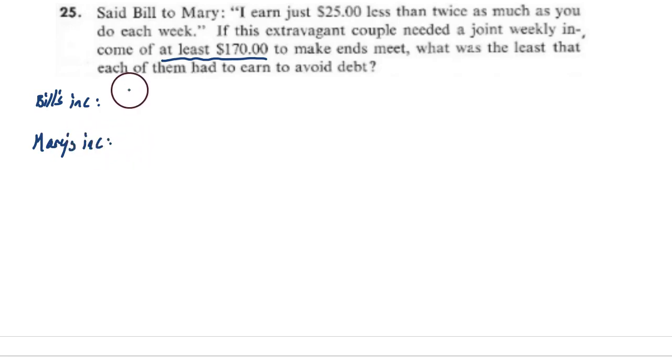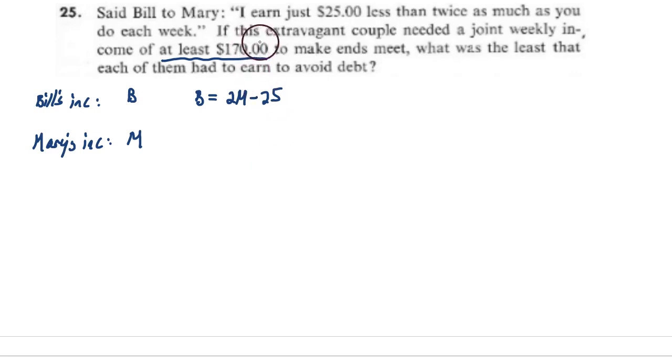Let's represent Bill's income with the letter B and Mary's income with the letter M. Now read the paragraph and create equations. Bill says, I earn $25 less than twice as much as you. So Bill's income is equal to $25 less than twice Mary. That can be represented as 2 times M minus 25.